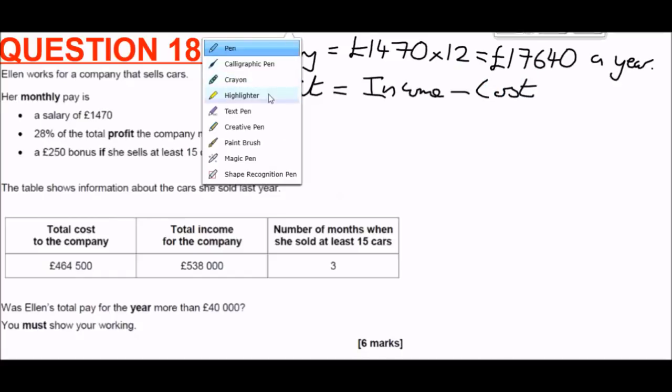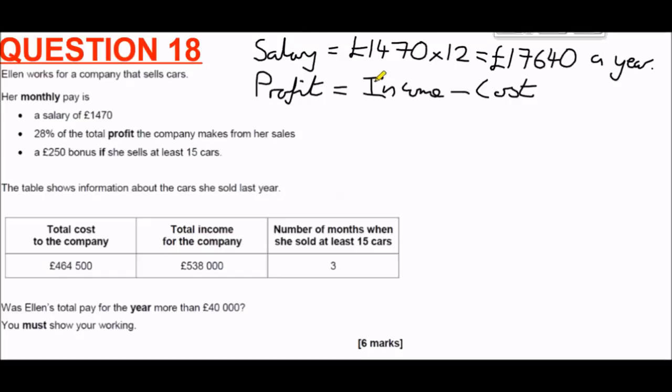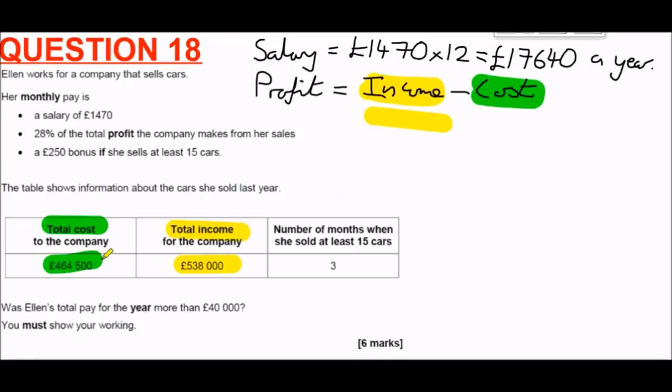So just colour coding this one slightly. The income we're talking about, how much money she brings in, is this figure here. And the cost of the company, how much money she costs in doing her service, is this amount below.